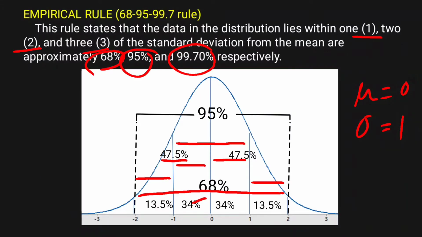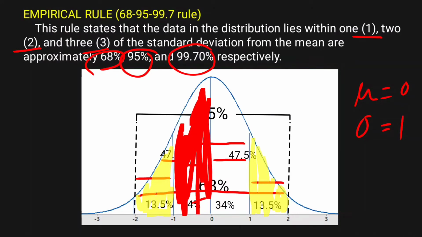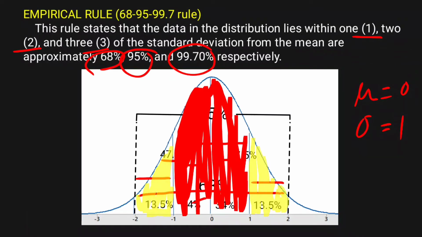Okay, so 13.5% itong part na ito. Okay, so ito namang part na to, highlight natin, 34% itong nasa gitna. So kasama yung nasa taas na yan. So lahat ng part na yan sa normal curve natin.